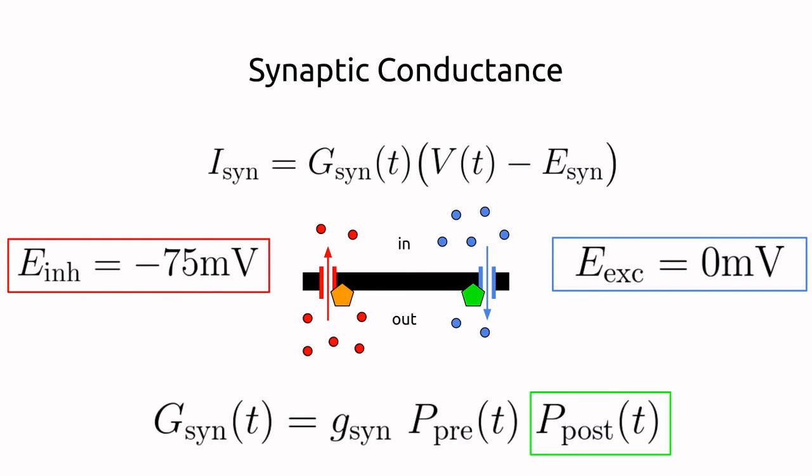For modeling the synapse conductance, there are a few more state variables that we need to concern ourselves with. For example, whether or not the presynaptic cell has successfully released neurotransmitters. That happens with some probability. Whether the transmitter has successfully migrated across the synaptic cleft. Again, it's following a random walk as it diffuses through the cleft.